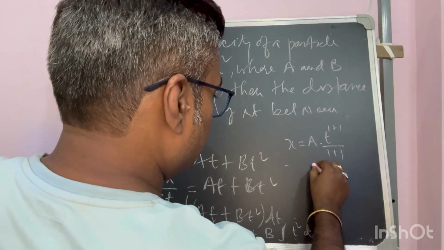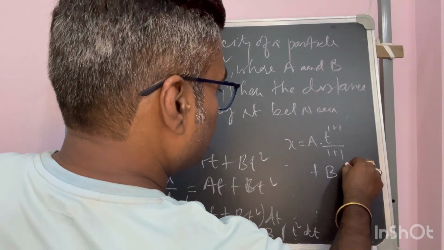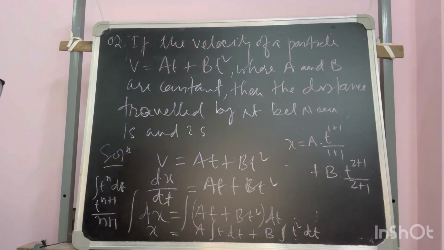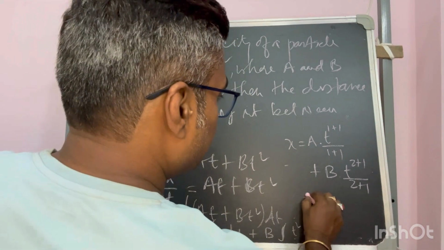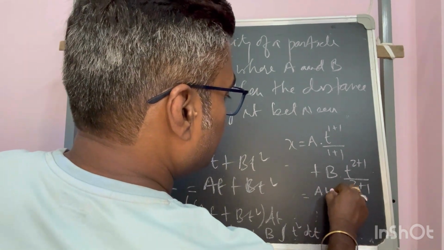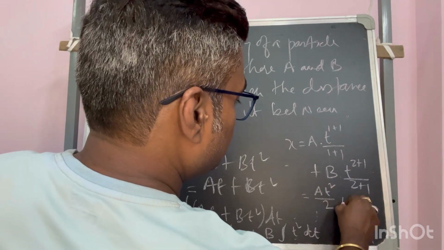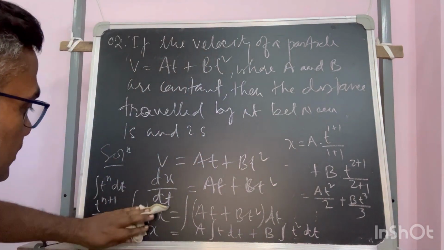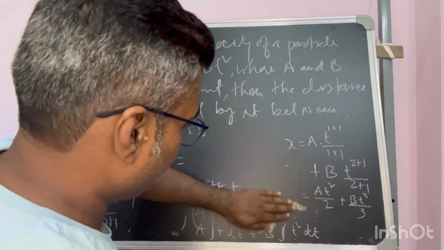And the second one is b t to the power 2 plus 1 by 2 plus 1. So ultimately it will become a t square by 2 plus b t cube by 3.